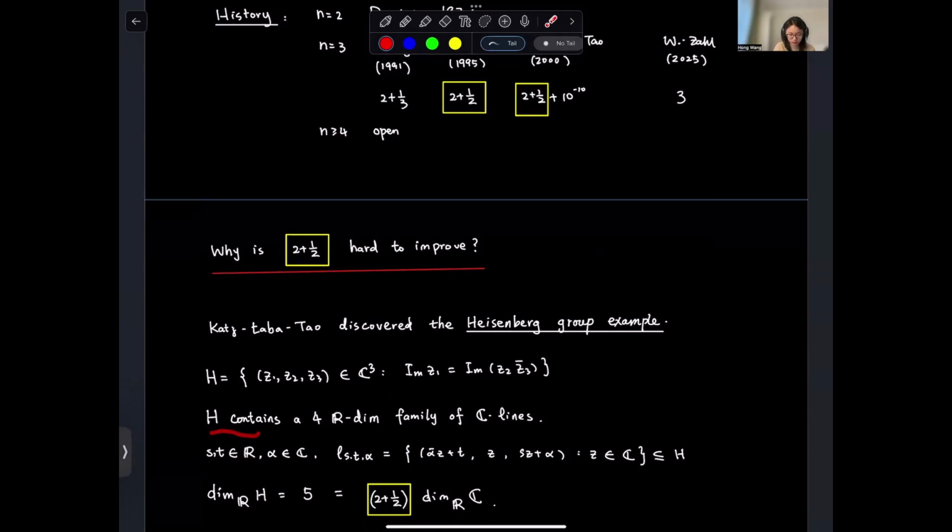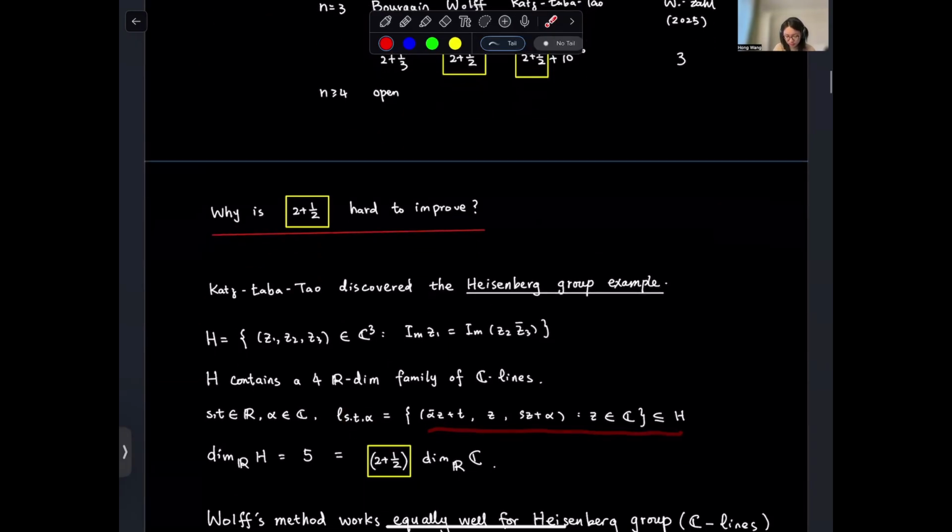This Heisenberg group contains a 4 real dimensional family of complex lines. The lines are parameterized by s, t, which are real numbers, and alpha, which is a complex number. Then L(s,t,alpha), the line, is this. One can calculate that it is indeed a complex line contained in the Heisenberg group.